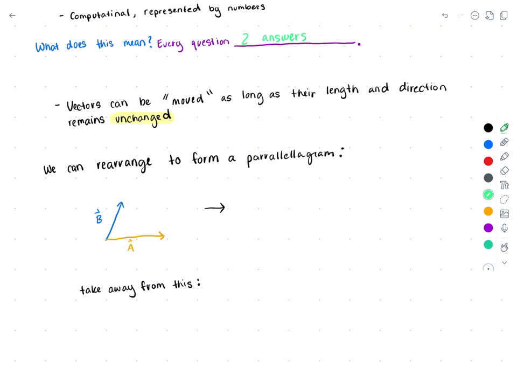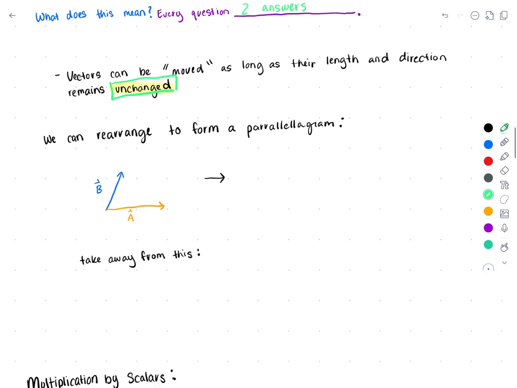Vectors can also be moved as long as their length and direction remain unchanged. This is really important because, as we know, vectors have a direction, so we can't change their direction or we'll end up changing their sign. So what do I mean when I say I can rearrange vectors?